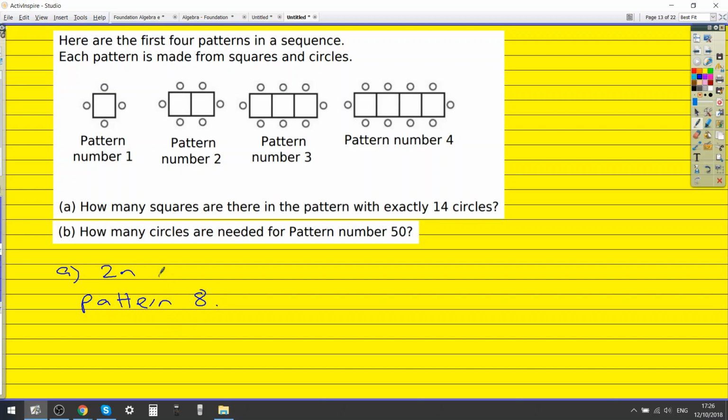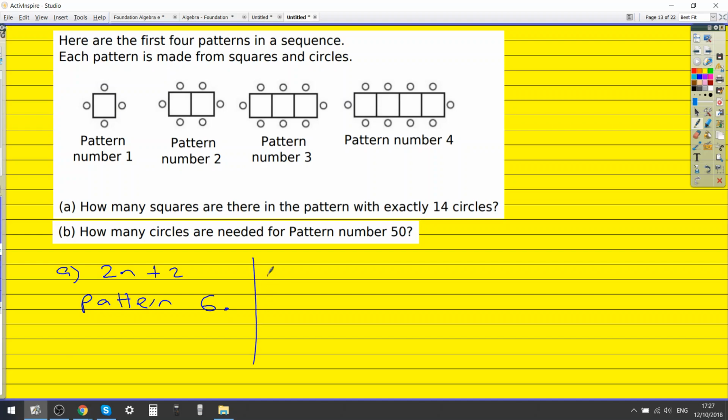Okay. And 14. Don't think so. Hang on. So if it's with 14 circles, no, it'd be pattern 6 actually. Yeah, pattern 6. I think just doing it in your head you added instead of subtracted.